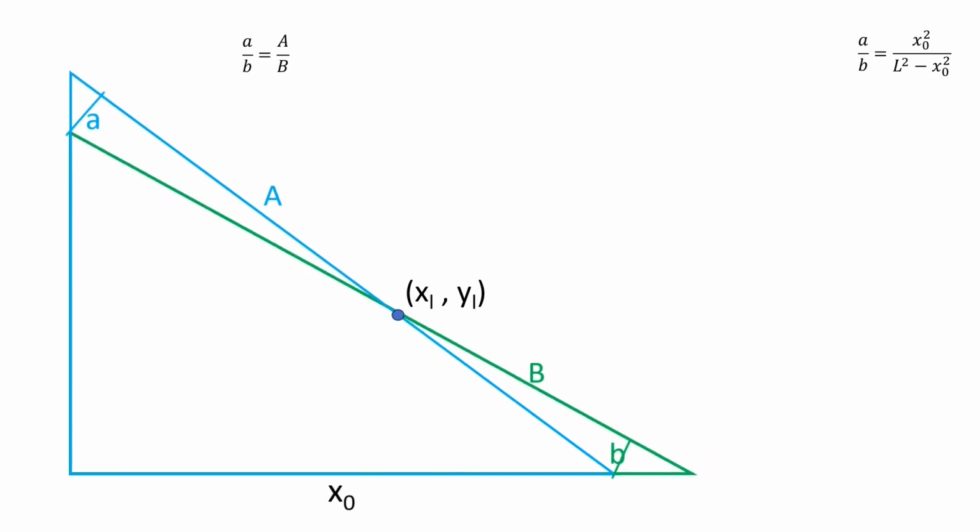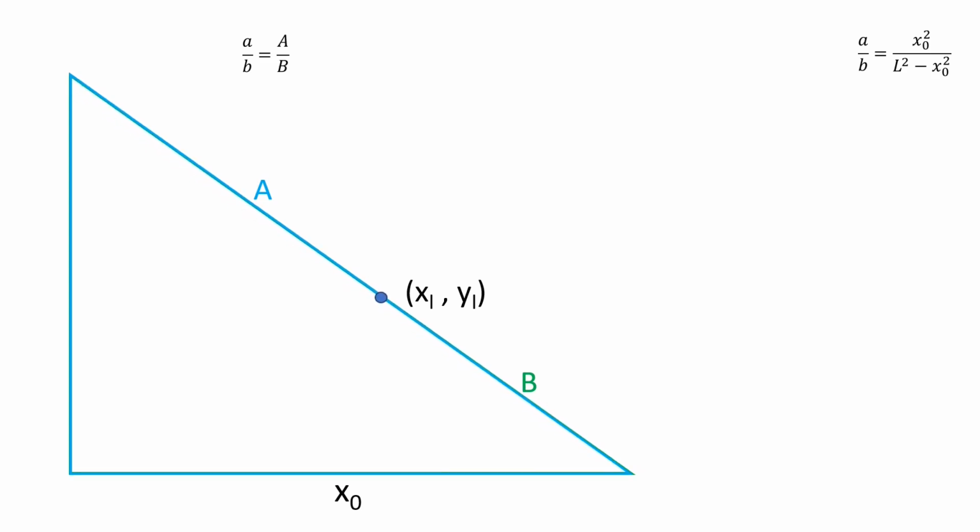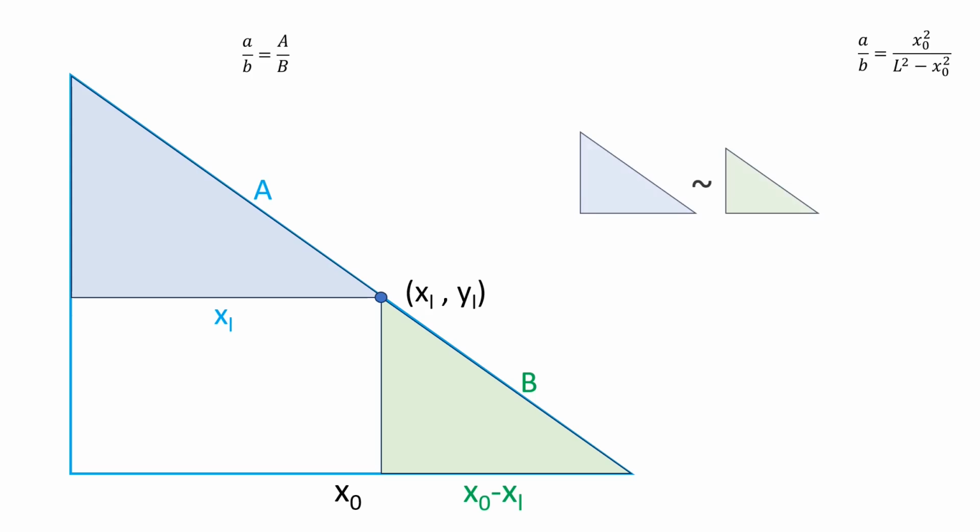And now go use the thin angle limit, and why not just go to the infinitely thin limit? Perfect. This blue triangle has base XL, and this green triangle has base x0 minus XL. They are similar, so we write down this proportionality.